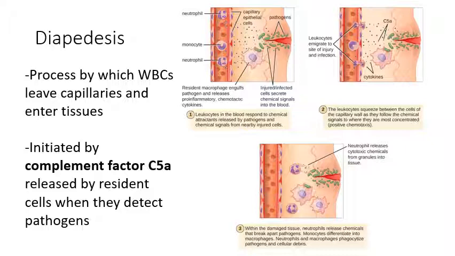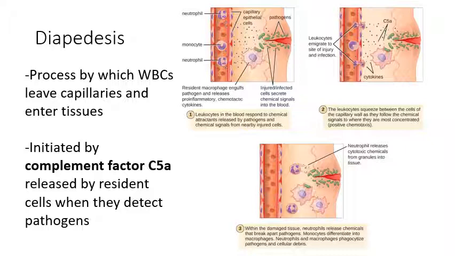They're going to release these chemical signals that will find their way to the bloodstream, and that's going to encourage diapedesis. That's going to encourage monocytes to leach through the capillary walls and become macrophages. It's going to allow neutrophils to go on the other side of the capillary wall and find their way to the site of damage.